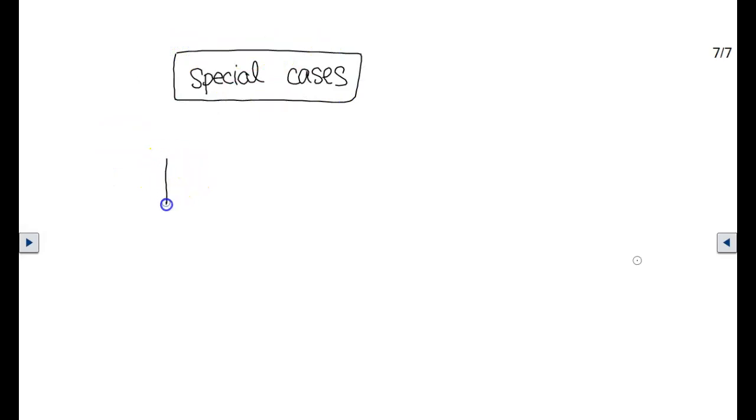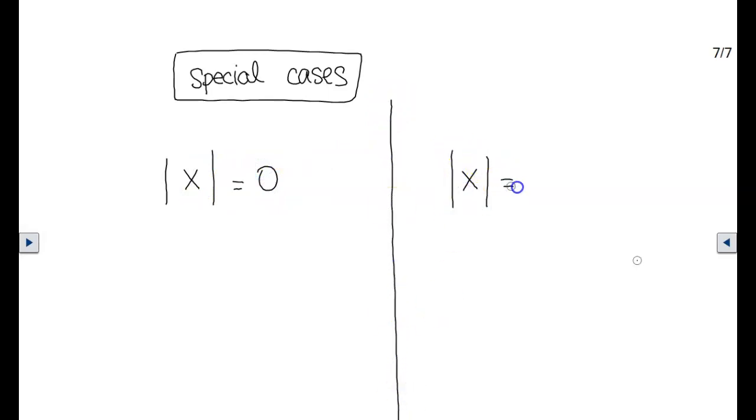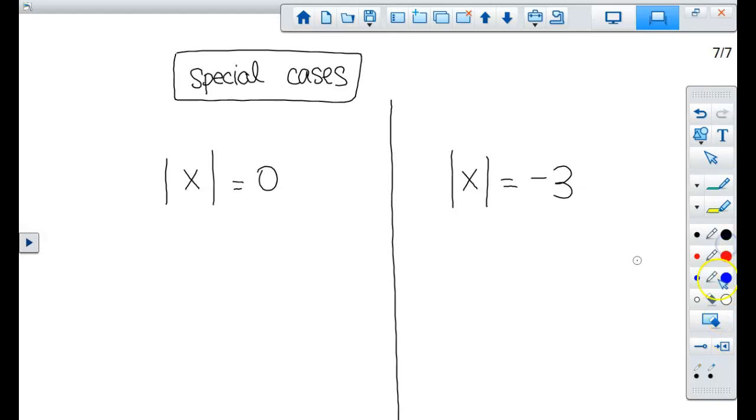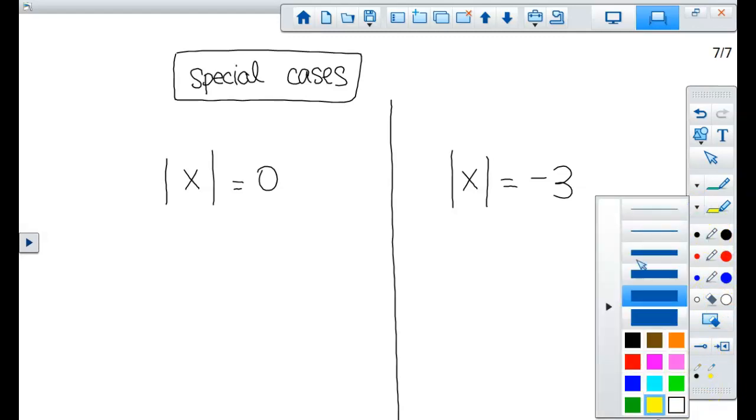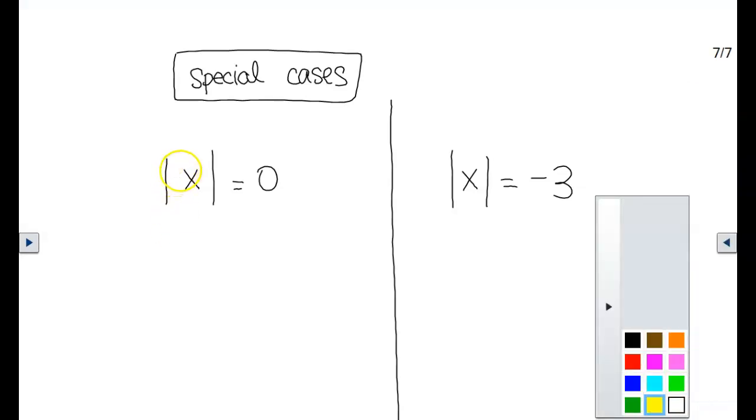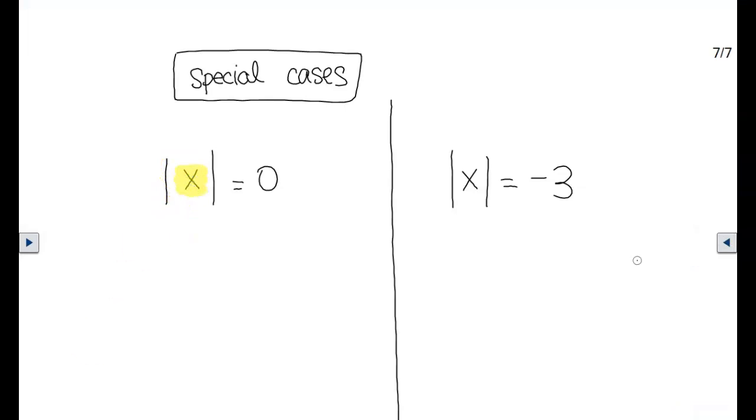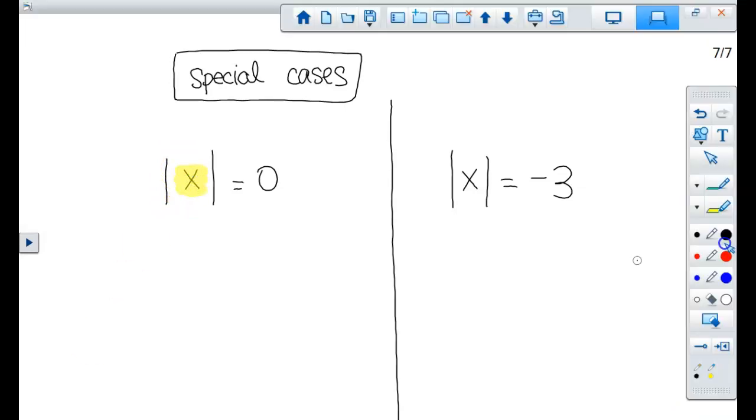Okay, so here will be the first special case. And then here will be the second special case. So, on this first one, inside the absolute value bars, I see that I am taking the absolute value of x.